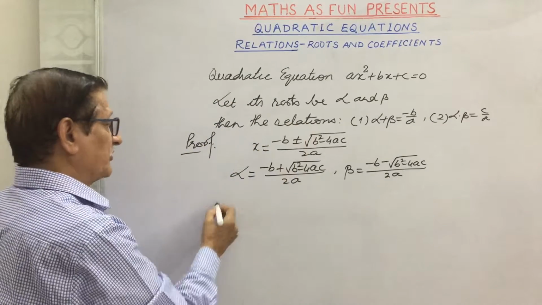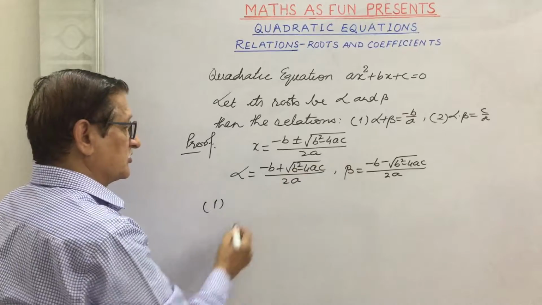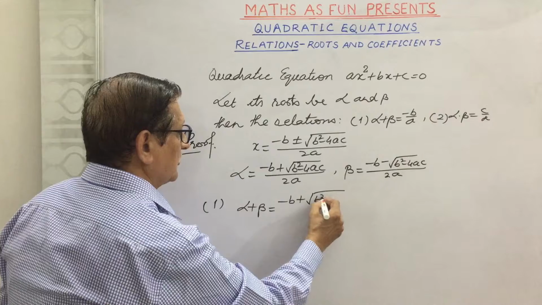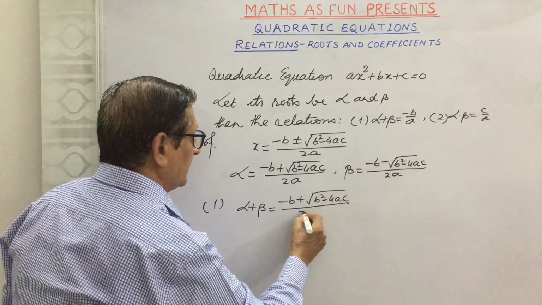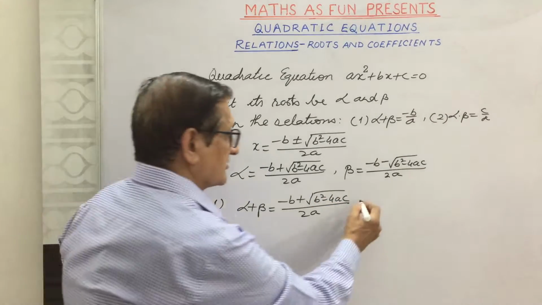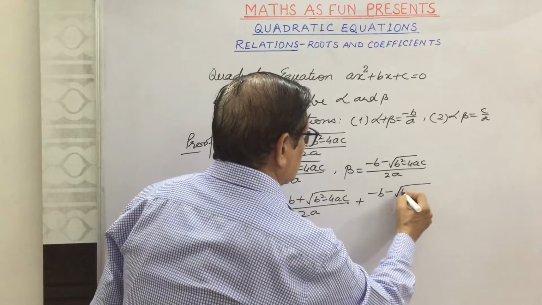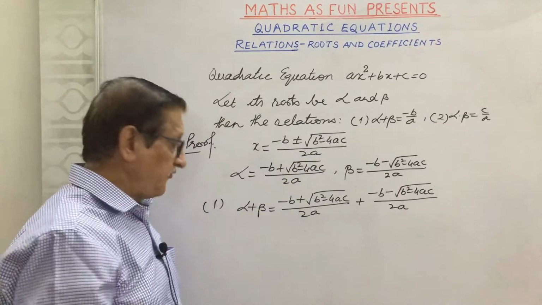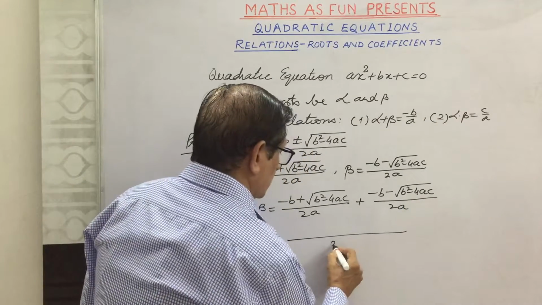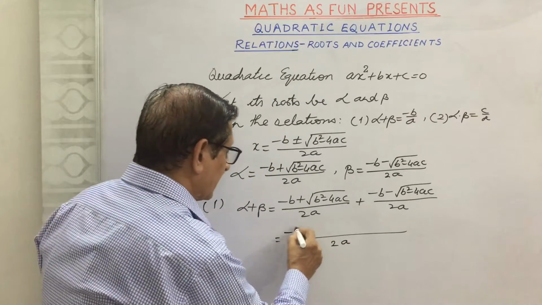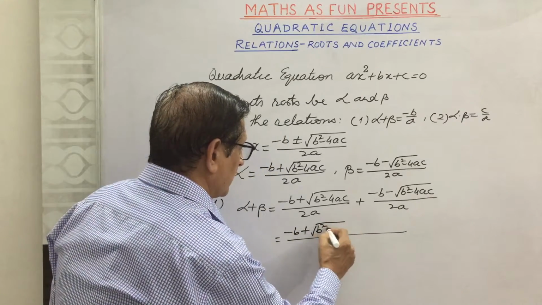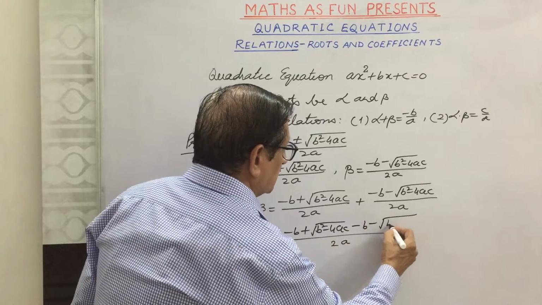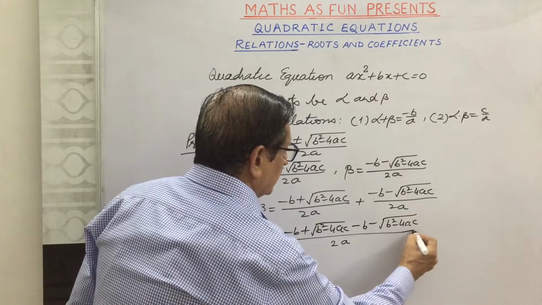When we go to the proof of the first one, if we add these two, alpha plus beta will be equal to minus b plus root of b square minus 4ac upon 2a plus minus b minus root of b square minus 4ac upon 2a. If we take the LCM 2a, then it will be minus b plus root of b square minus 4ac minus b minus root of b square minus 4ac.